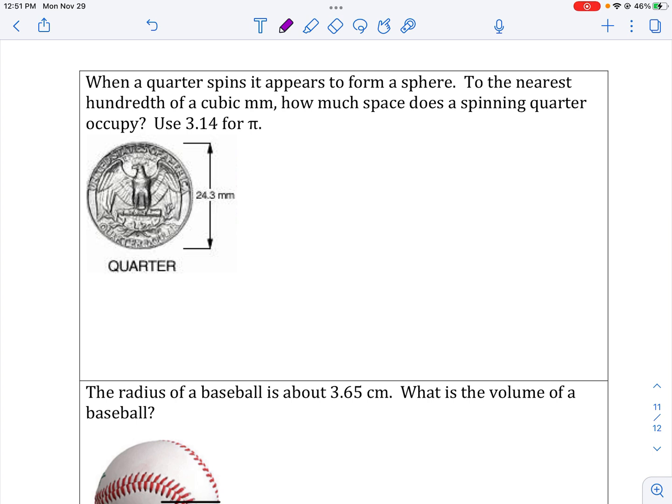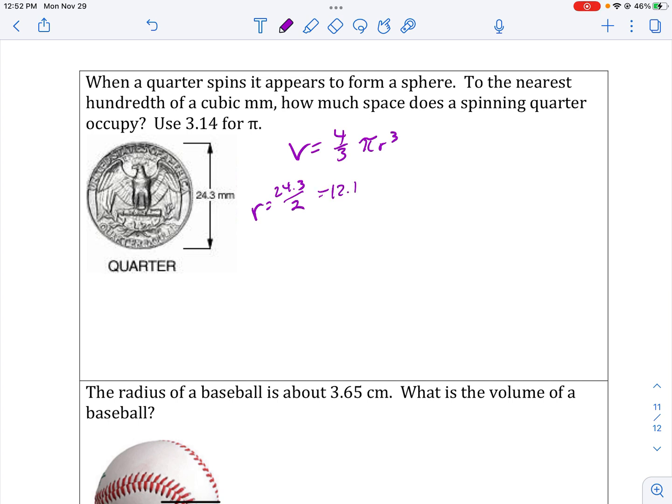So we want to find the volume of a spinning quarter. So when you spin a quarter, it makes a sphere. So volume equals 4/3 pi times radius cubed, but it gives us the diameter. The one number we need to find is the radius. So I'm going to take the diameter, divide it by 2.